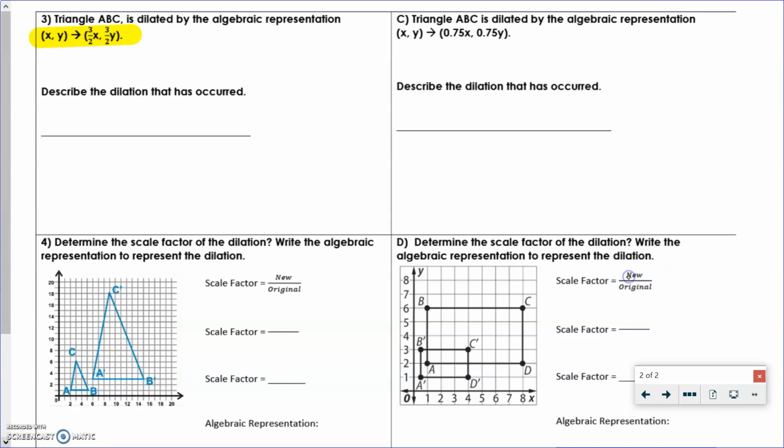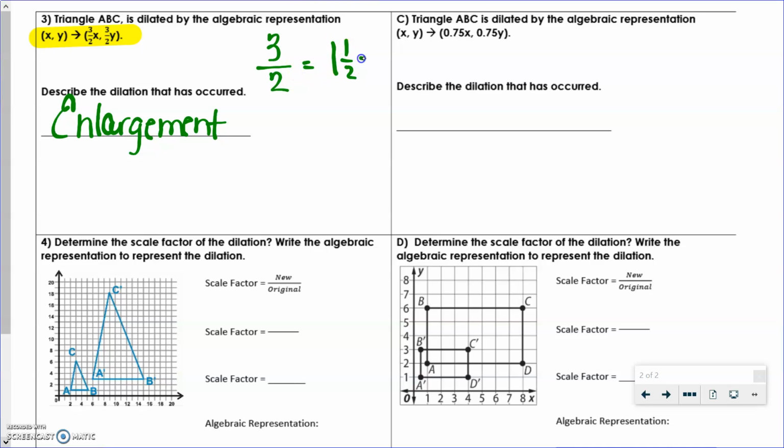And this, in fact, will be an enlargement. And it's an enlargement because 3/2 is the same thing as 1.5. Okay, so it's an enlargement because our scale factor is greater than 1.